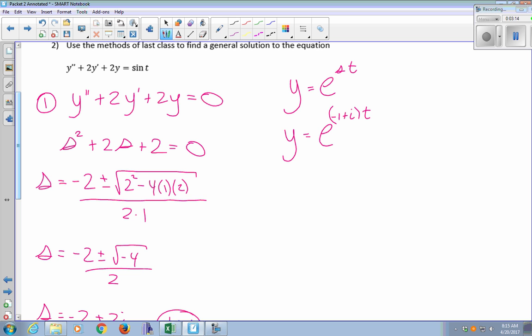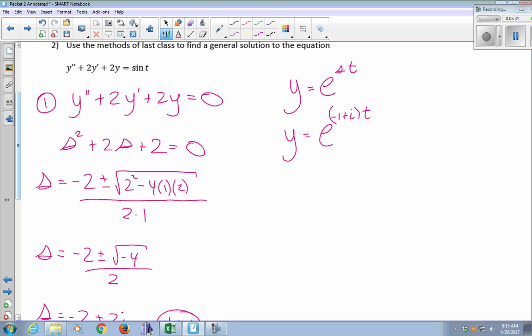Now we're going to practice our methods for dealing with complex eigenvalues. Remember, it is a lot easier when you're dealing with the harmonic oscillator because you don't have to get an eigenvector, and that's where all the difficult algebra comes in.